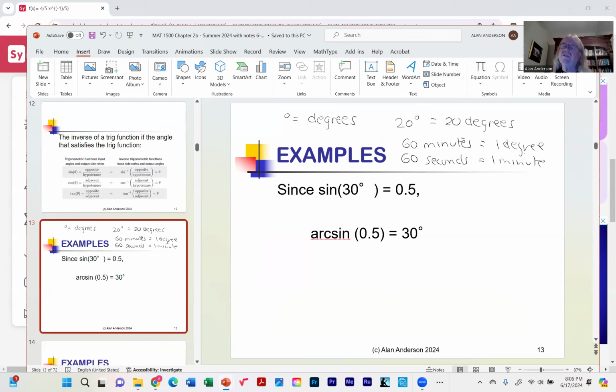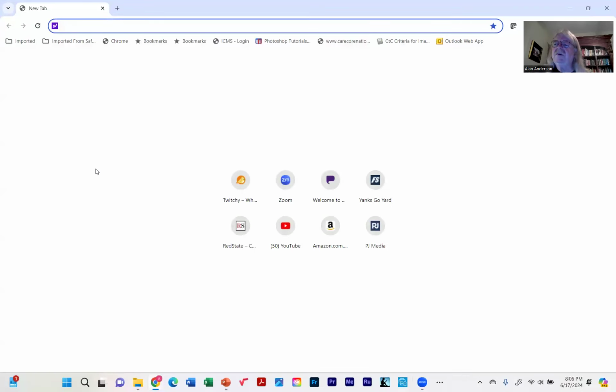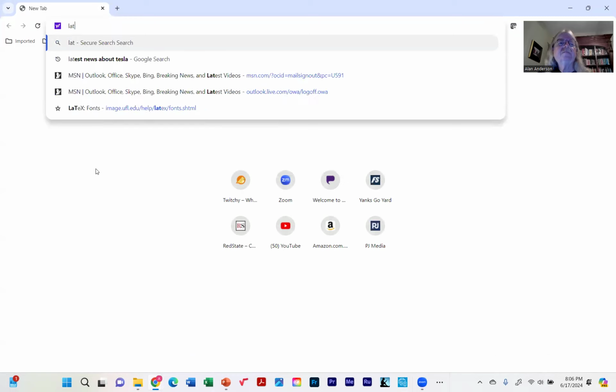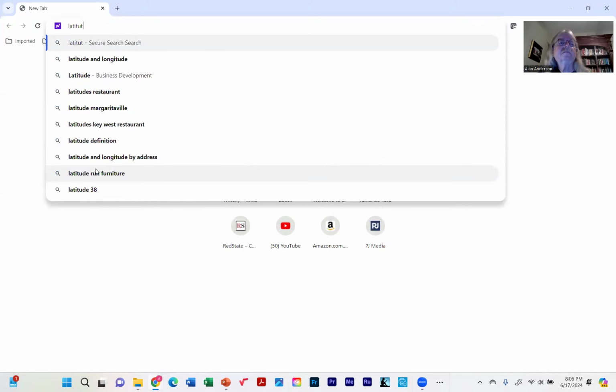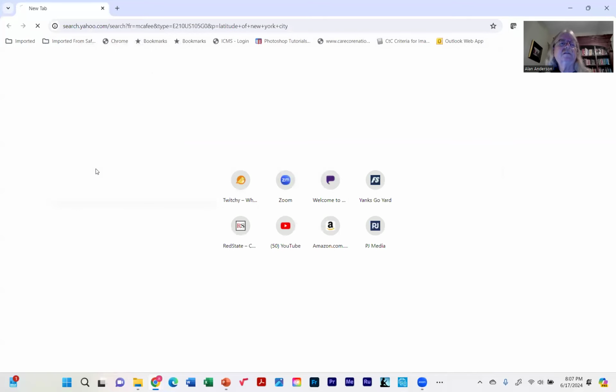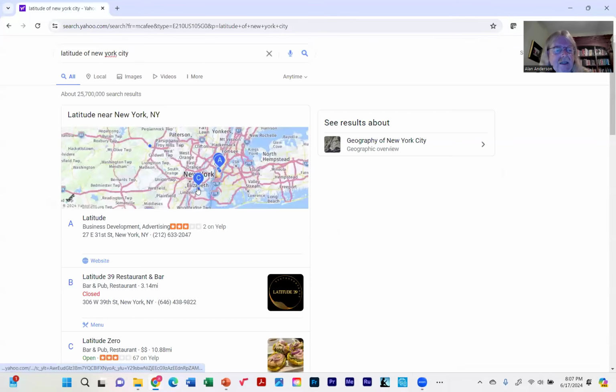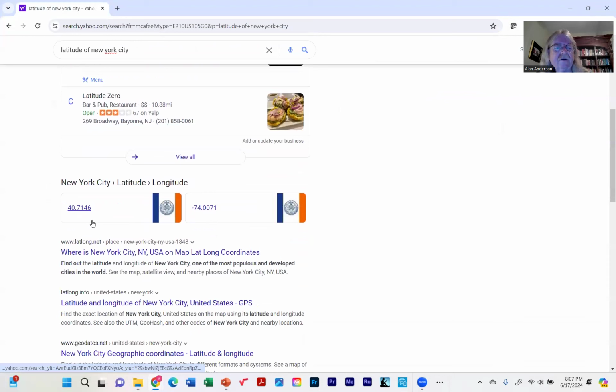In fact, you'll see this if you wanted to know, for example, the latitude of your position. Let's say, what is the latitude of New York City? Here it is.